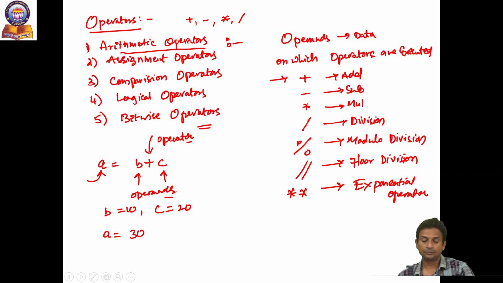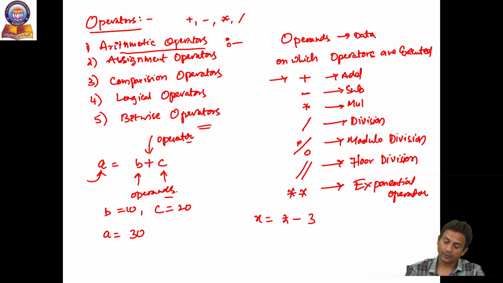This is how simple arithmetic operation is carried out in Python. Similarly, the minus sign represents a subtraction operation between two operands. x is equal to z minus 3: the 3 is subtracted from the value of z, and the result is stored in the variable x.